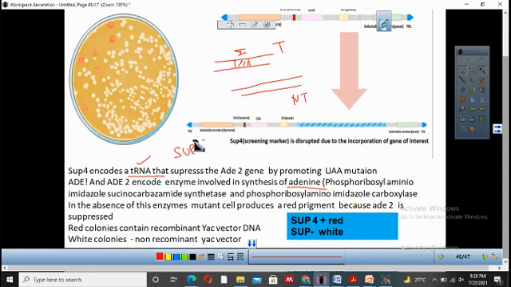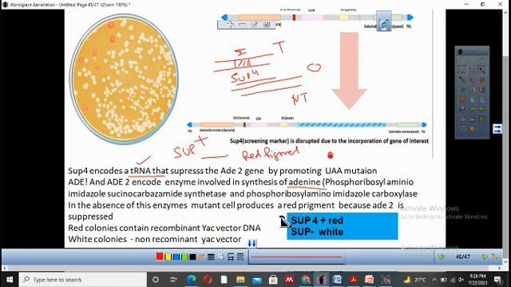If SUP4 is active, or wild type, then the red pigment gets accumulated, and whatever colonies grow will have red color. If the insert is there, the SUP4 is not able to retain the red pigment, so that colony will be white.